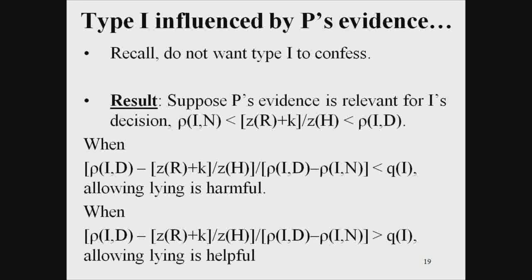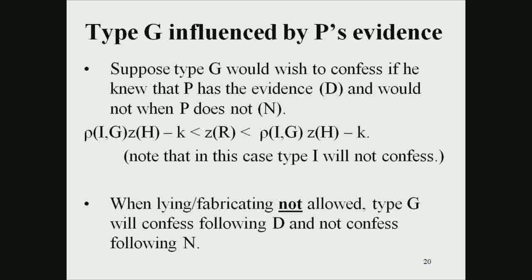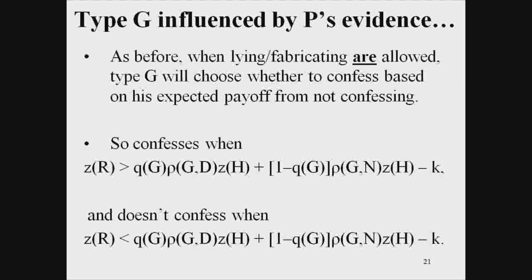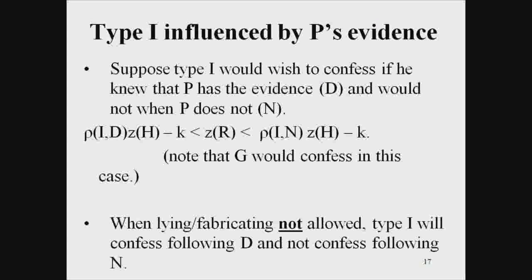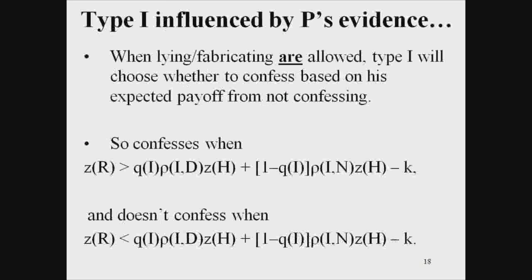So the first line is just a rewrite of whether police have this evidence matters to the innocent type's decision, right? It's just a rewrite of what was on that slide. Right. So then the other two are rearrangements of these two.